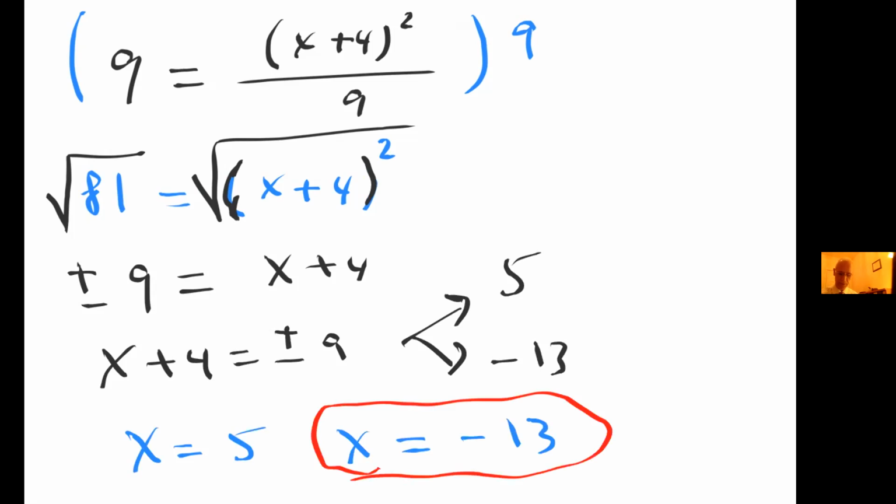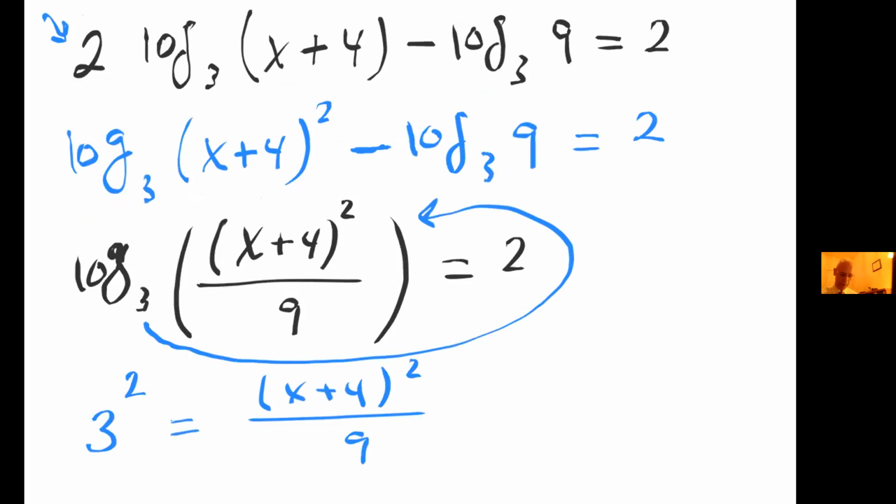So let's check both of them. Go to the main original problem right here. Notice that if I plug in the 5 in here, that doesn't give me any problem. 5 plus 4 is 9, and log base 3 of 9 is defined.